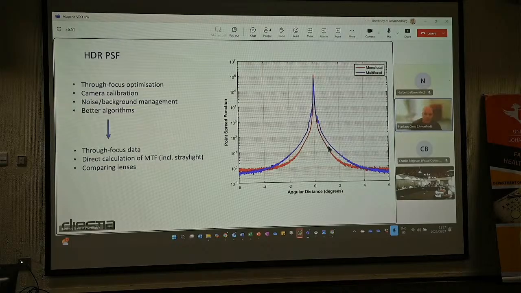Of course, from this kind of data, you can do the MTF, through focus, which you can compare. And in this example, you can see a very clear difference between a monofocal and multifocal lens. This is a trifocal, by the way, and you can see both the increase of the skirt and the halo around the central field.